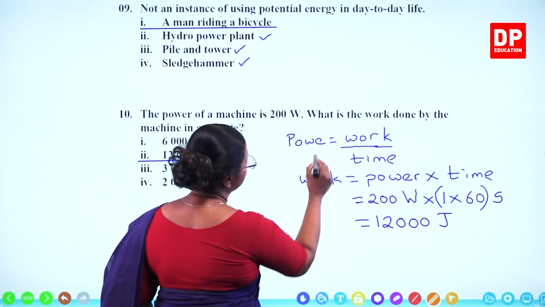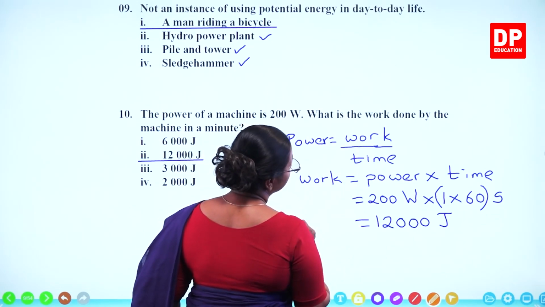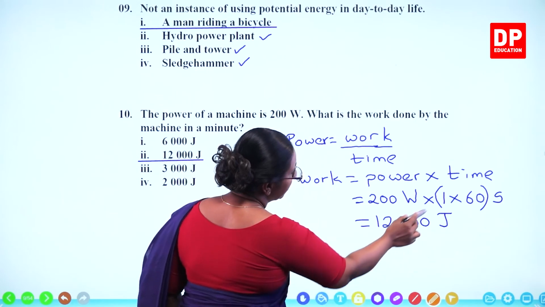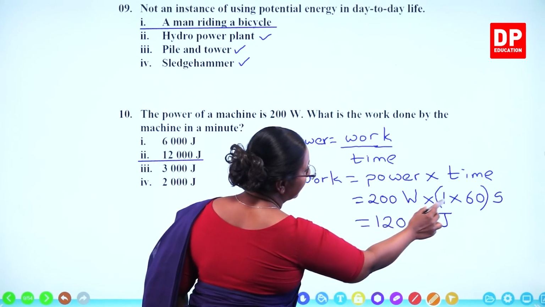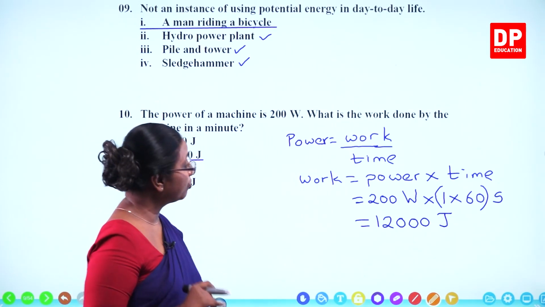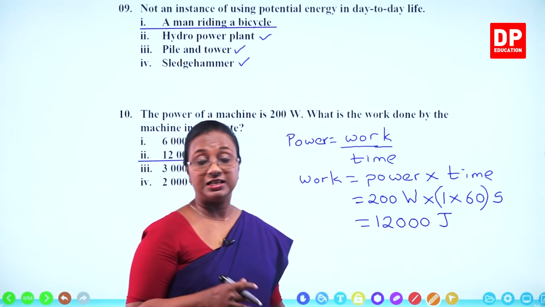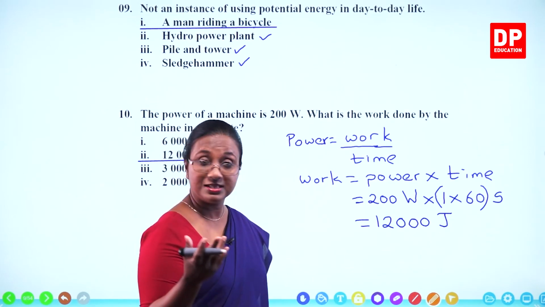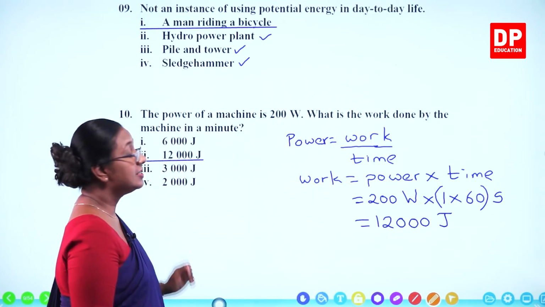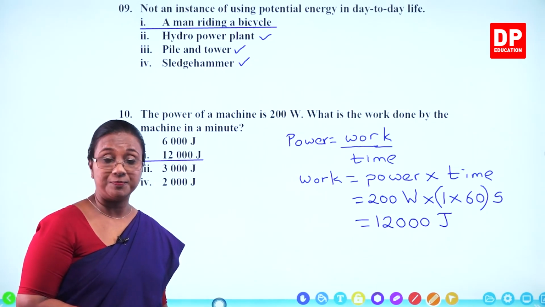So power is work done divided by time. So work is equal to power into time. 200 watts is the power and the time is 1 into 60 seconds. There again, students, you don't have to really put the 1. If you directly put it as 60 seconds, that is also fine. So 12,000 joules, and we have selected the correct answer as well.